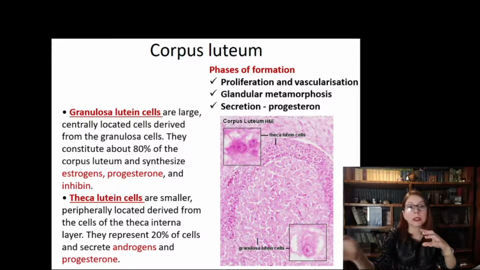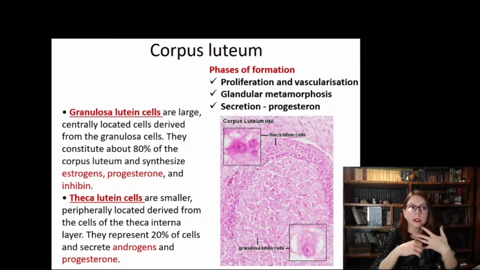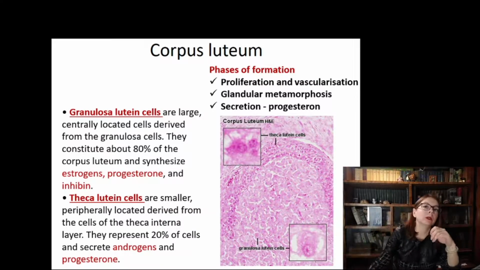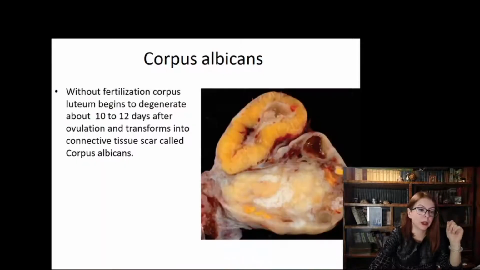But if pregnancy doesn't occur within 10 days, then the yellow body degenerates, because the existence of the yellow body is controlled by the luteinizing hormone, by insulin besides, and by chorionic gonadotropin. So chorionic gonadotropin produced by the implanted embryo is needed for the corpus luteum.